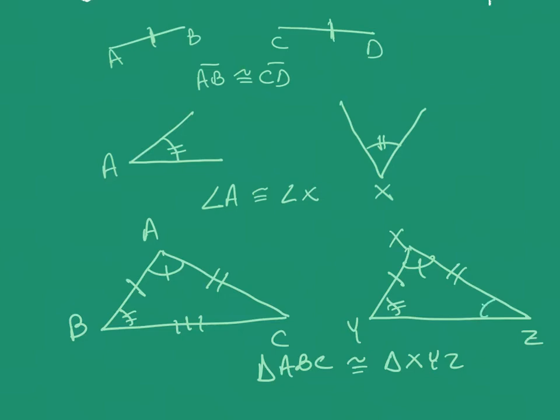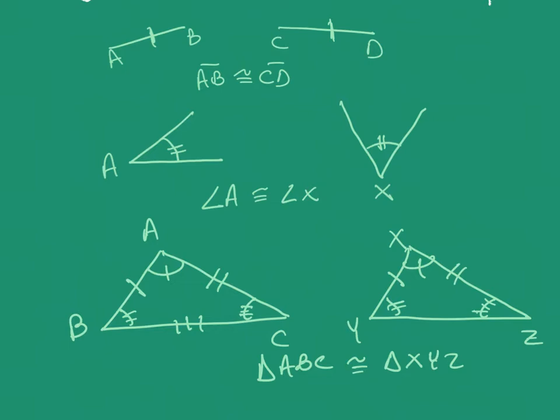So you can have congruent angles, you can have congruent polygons, and you can have congruent segments. But things like rays can't be congruent because I guess you could say all rays are congruent. They go off to infinity. Same with lines. So really we keep it to these three things that are congruent.